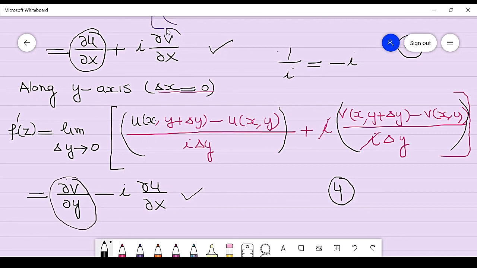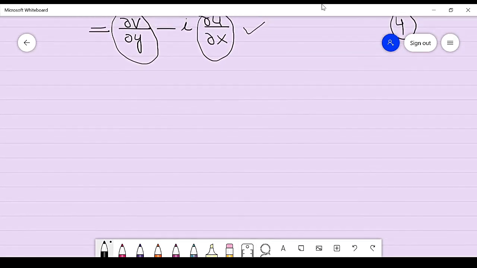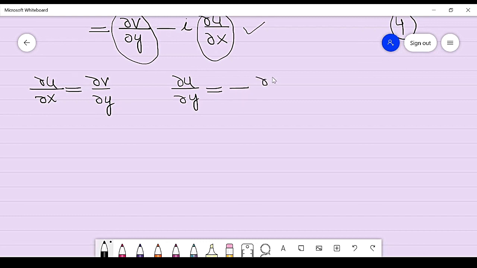The imaginary part: curly v by curly x is equal to minus curly u by curly y. So from equations 3 and 4, curly u by curly x equals curly v by curly y, and curly u by curly y equals minus curly v by curly x.